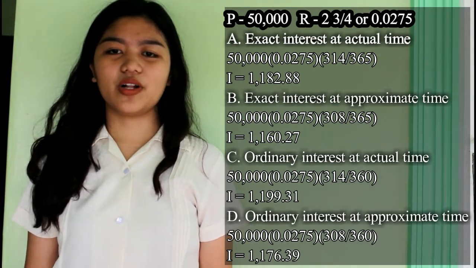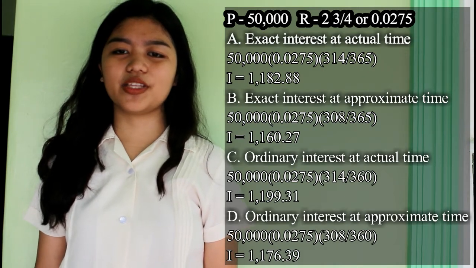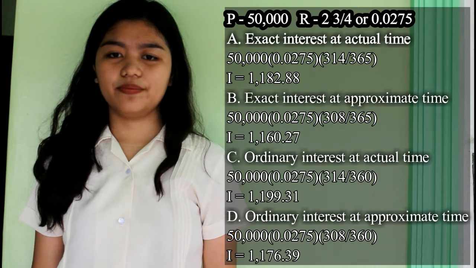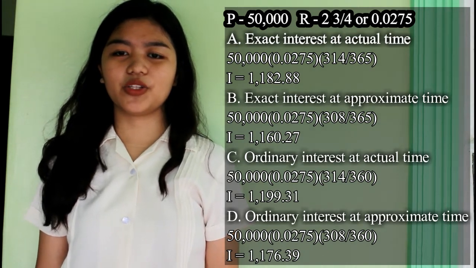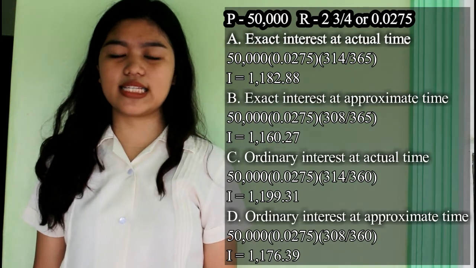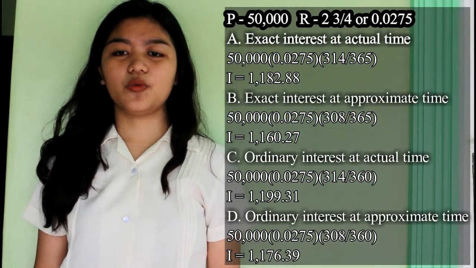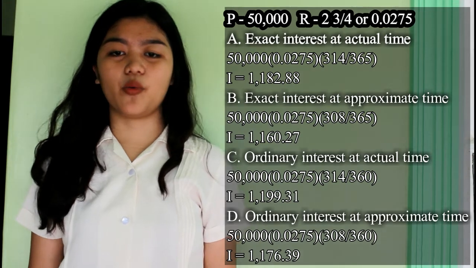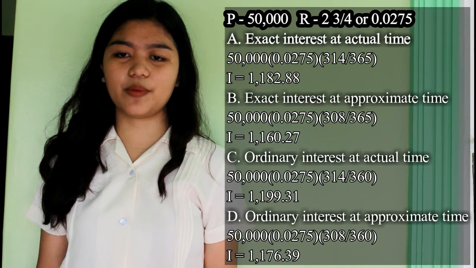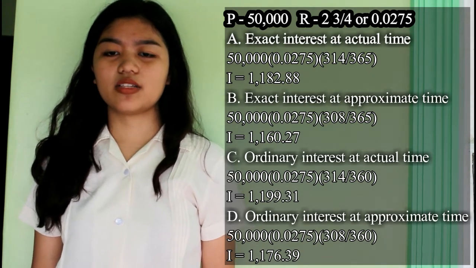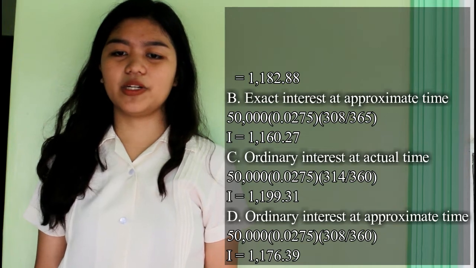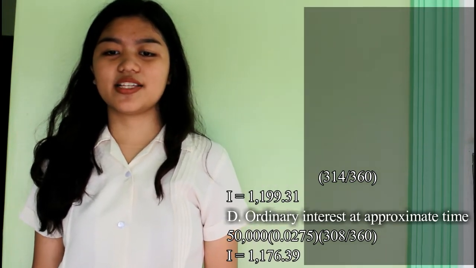The interest is equal to 1,160.27. In ordinary interest at actual time, 50,000 times 0.0275 times 314 over 360. The interest is equal to 1,119.31. And in ordinary interest at approximate time, 50,000 times 0.0275 times 308 over 360, the interest is equal to 1,176.39.